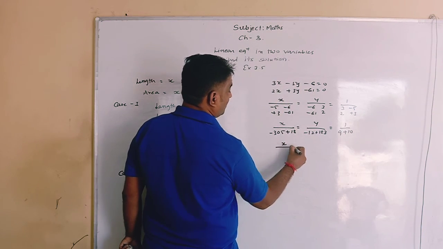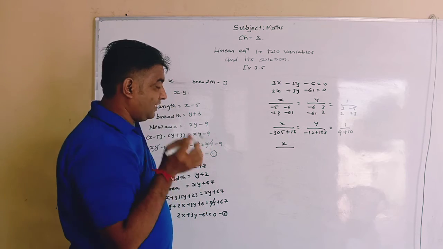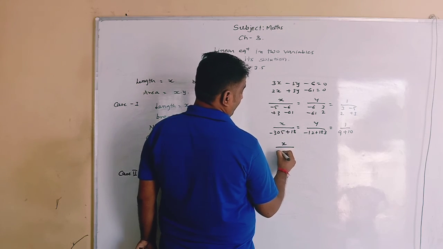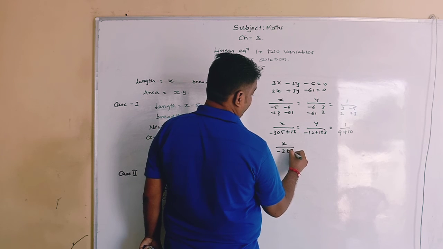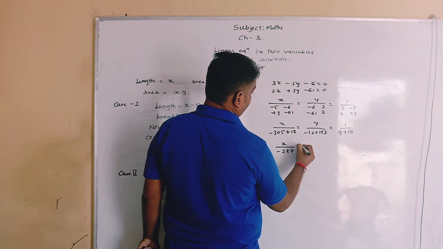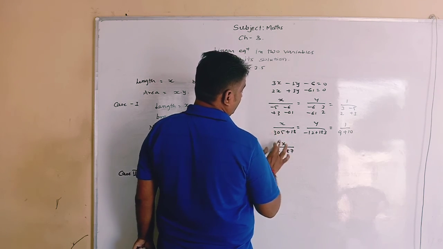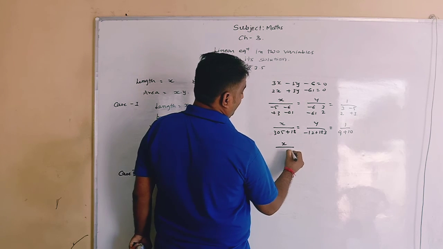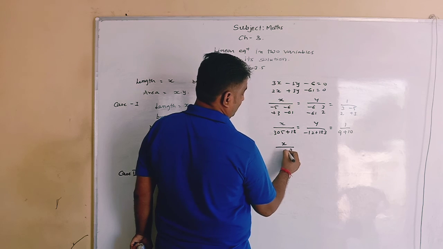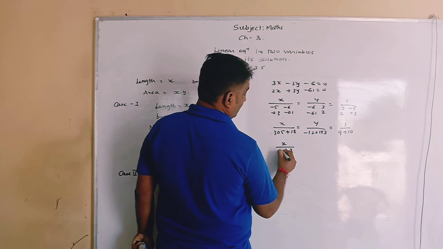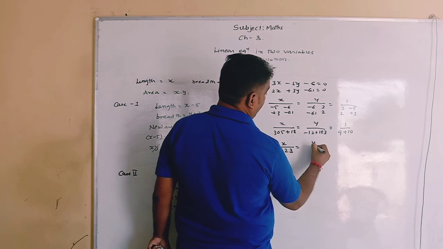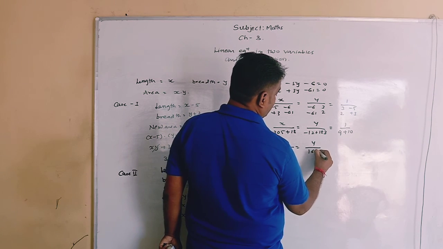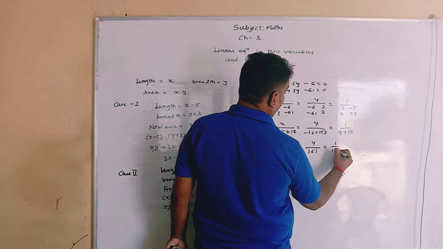So x upon 305 minus 18, so it will be 287. So here plus, and so 323, y upon 183 minus 12, 171, and here 1 upon 19.